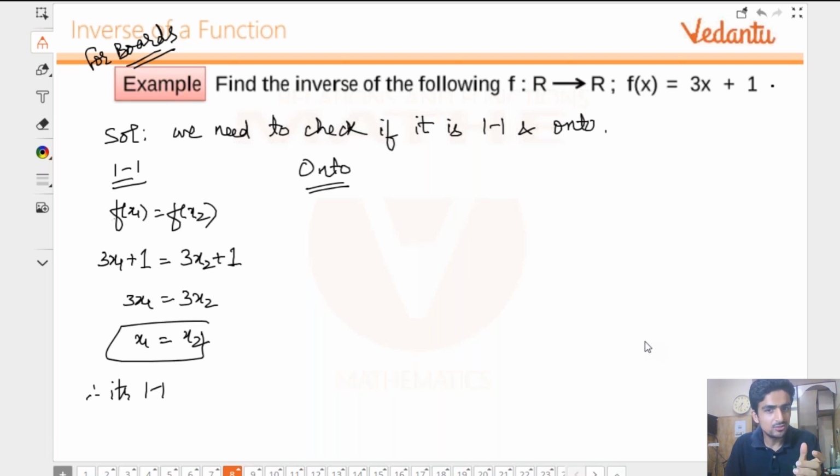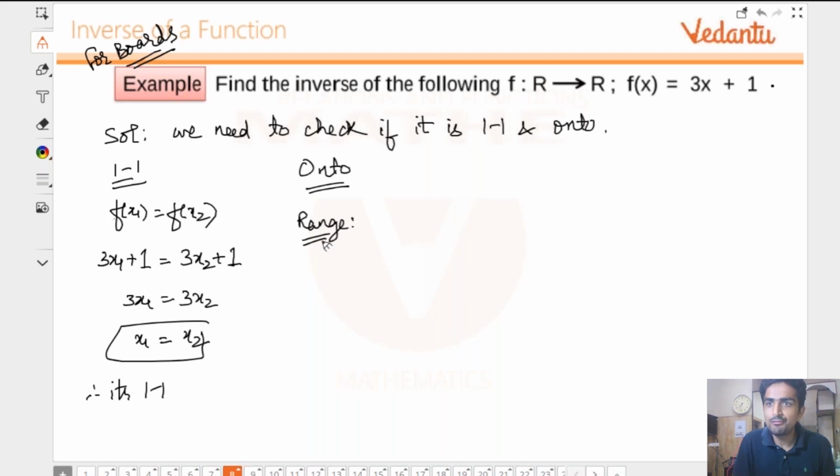So to check if function is onto or not, what will we find? Good, Srija, but you took time. That is not good. We need to find range.